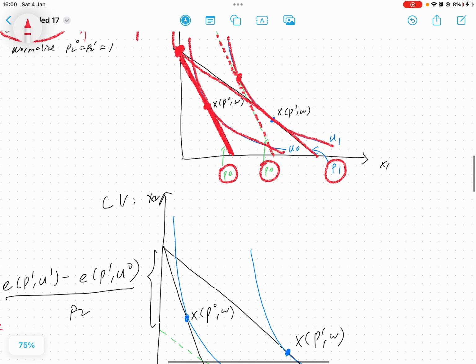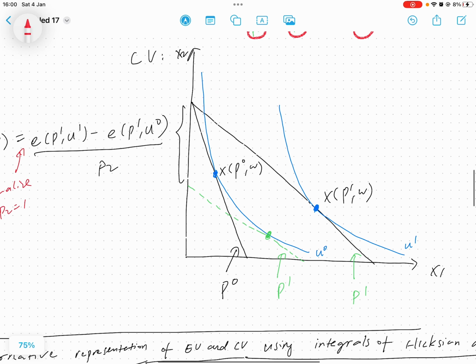Similarly, we have this illustration of the CV. Again, the starting point is P0 with this old bundle. This is the old price P0. After the price change, the price dropped from P0 to P1, and we have P1 and this new bundle here.